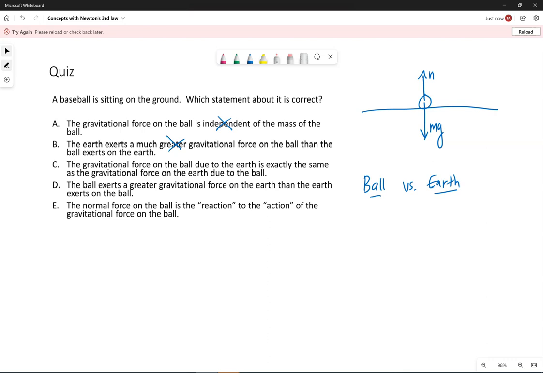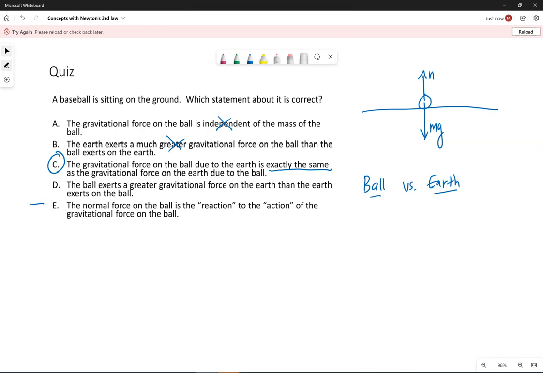So those forces need to be equal and opposite. That's what Newton's third law is telling us. So option C, the gravitational force on the ball due to the Earth is exactly the same as the gravitational force on the Earth due to the ball. C, totally.